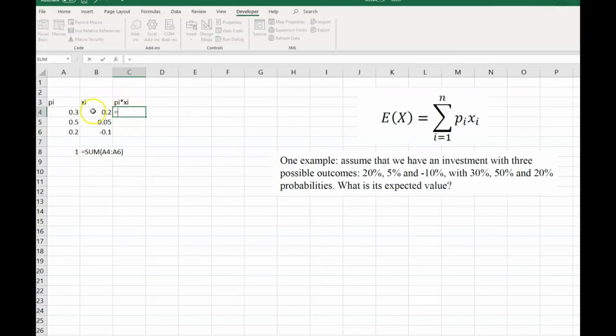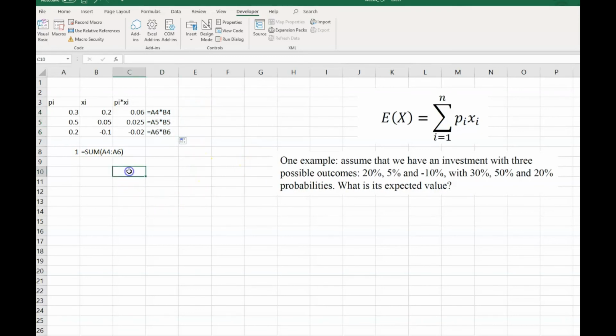So it's simply P1 times X1. Okay, I'm going to use show formula. So A4, P1, X1, P2, X2, P3, X3. We simply copy and paste all the formulas.